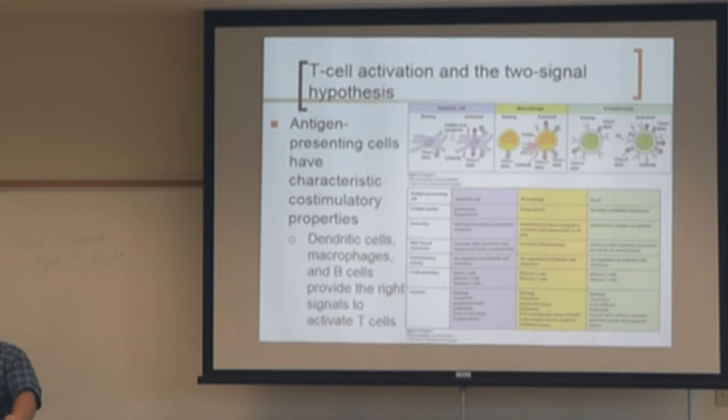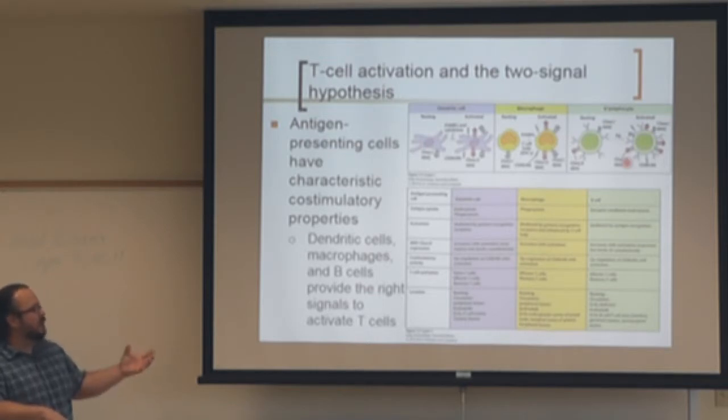Same thing with macrophages. Once those PAMPs, or pathogen-associated molecules, are seen on the surface, these cells will start to upregulate co-stimulatory molecules, class 2 and class 1. B cells are interesting in that when a B cell sees an antigen, this large chunk of protein on a bacteria or a worm, it will bind to that, and that binding will induce the B cell to become activated.